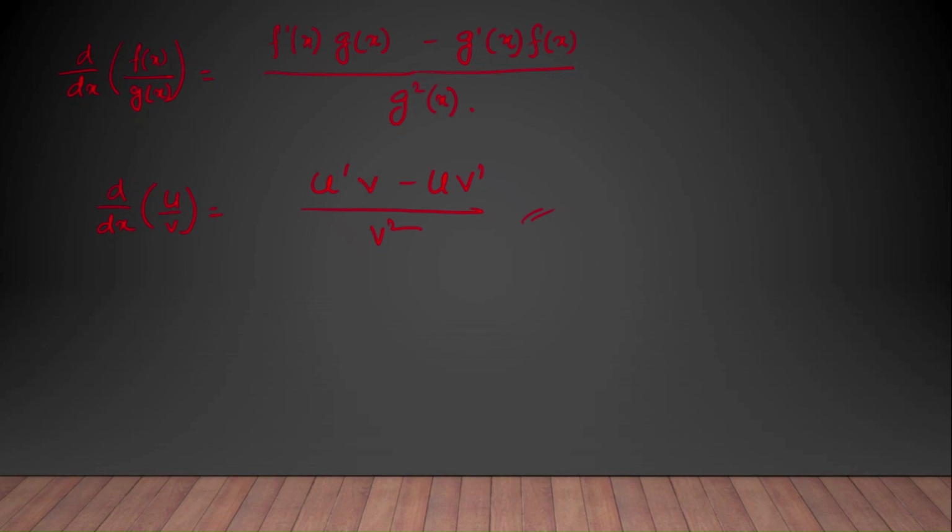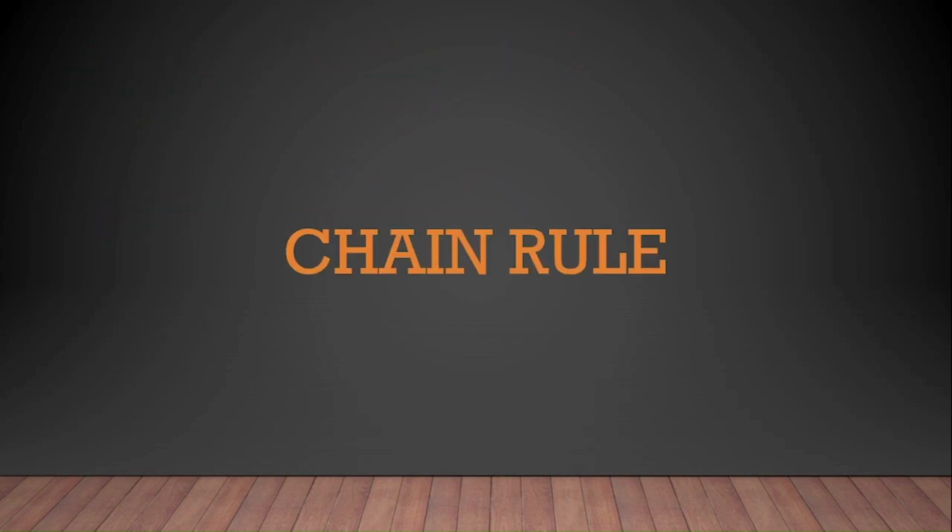Let's go for the next part, that is the chain rule. Let's start from the beginning: what is the chain rule? The main formula of the chain rule is d/dx of f(g(x)), which can be written as f'(g(x)) into g'(x). In f'(g(x)), we have to take g(x) as a function of x.